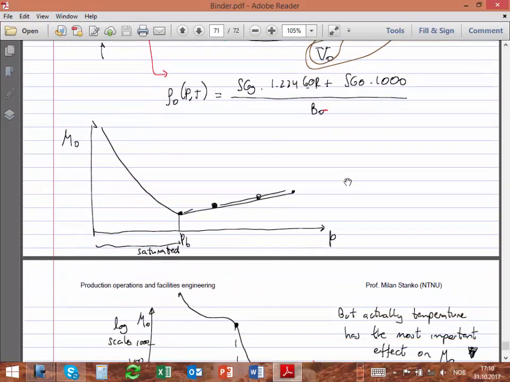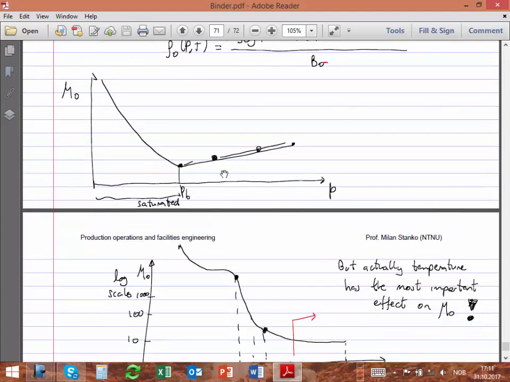And then I told you that viscosity actually has a similar behavior with pressure: it goes down first, because when the gas starts to come inside the oil, it makes it a bit less viscous. But then after that, when you increase the pressure, the pressure is compacting the molecules more against each other, and that makes the viscosity higher.